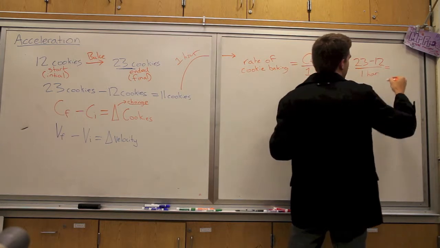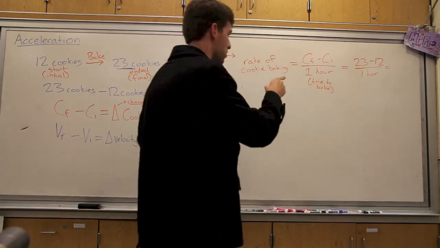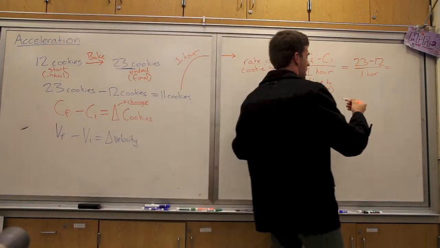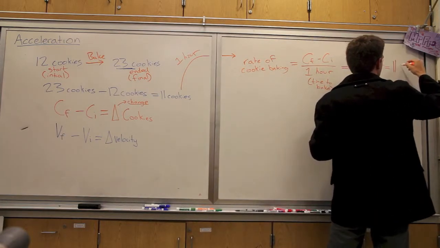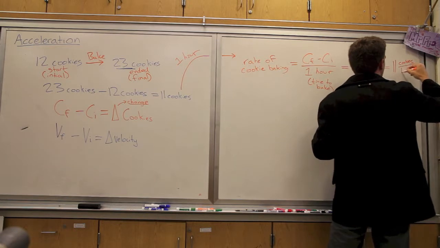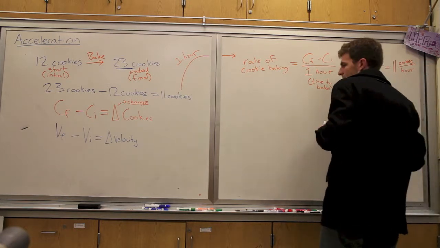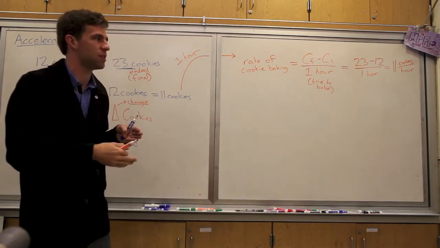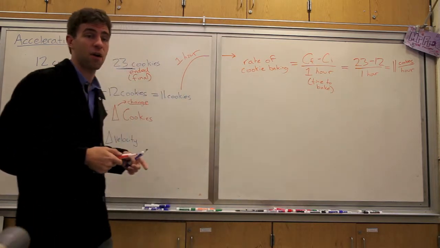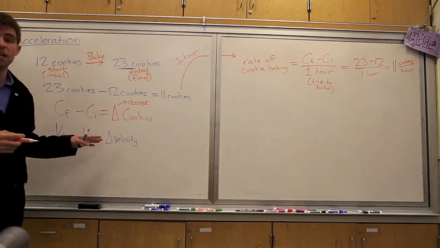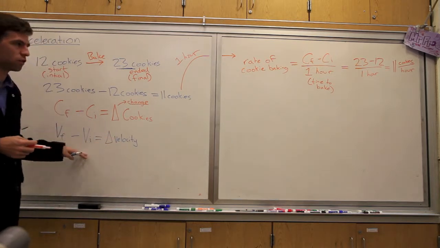And our ending answer, since we're dividing by 1 hour, is 11 cookies per hour. So if you continued along that rate of change, you'd get 11 cookies every hour.